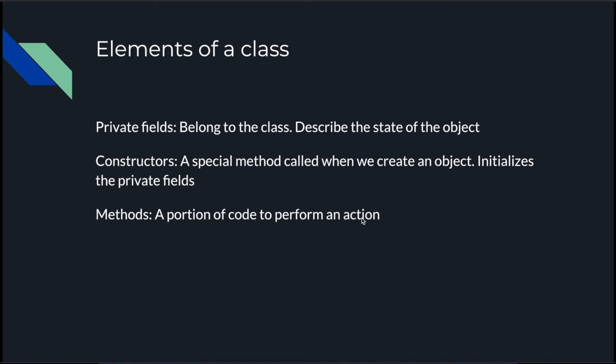Private fields, which belong to the class and describe the state of the object. Constructors, a special method that we call when we create an object, which initializes the private fields. And methods. A method is a portion of code to perform an action. Usually we have methods to shorten our code and so that our objects can call it.